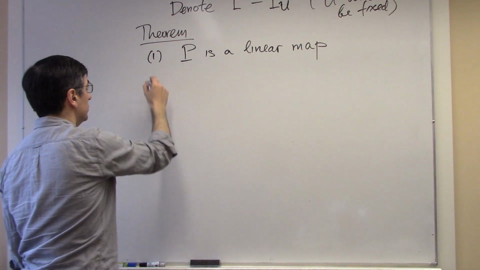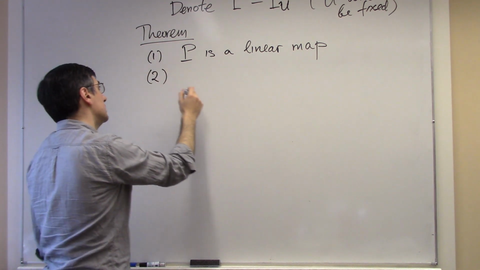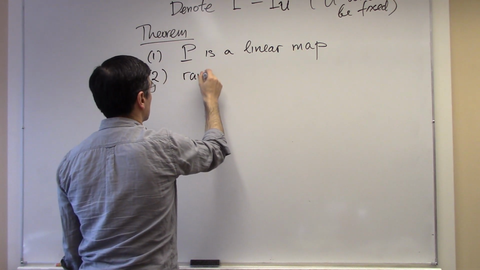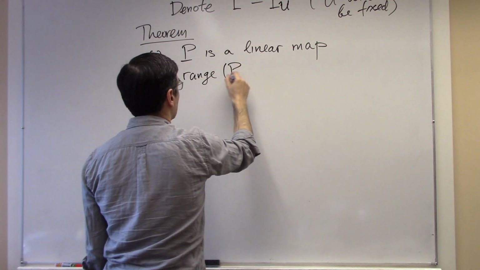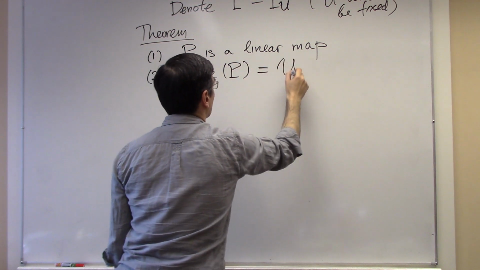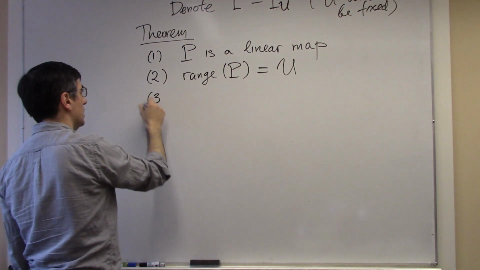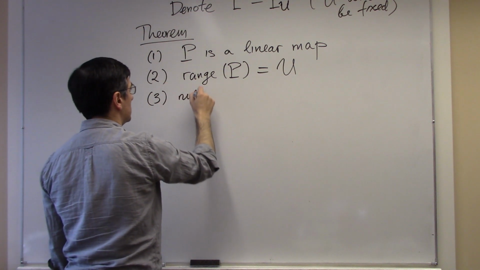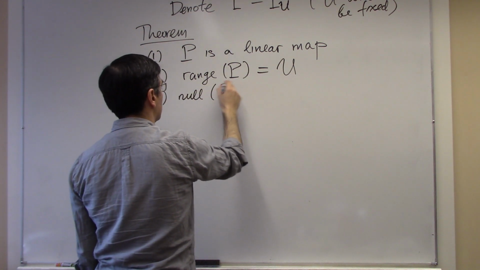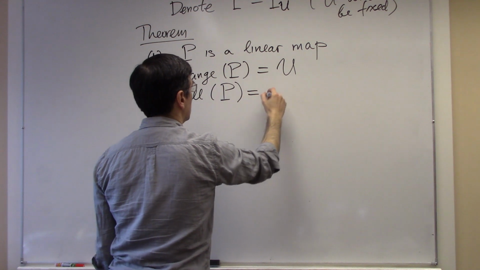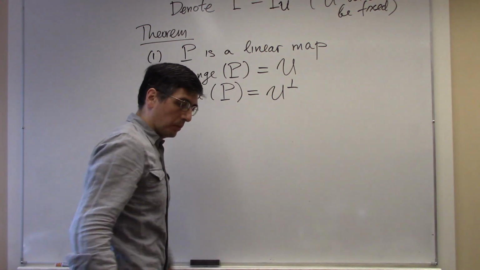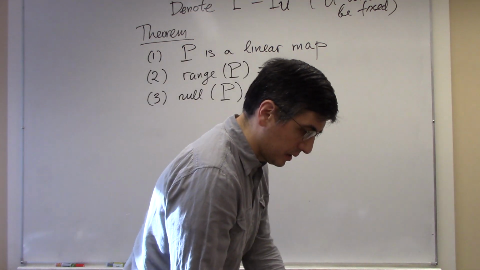Second is that the range of P is the whole U. And third is that the null space of P is the orthogonal complement.